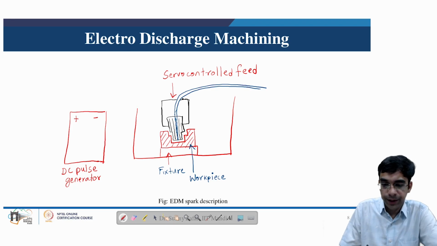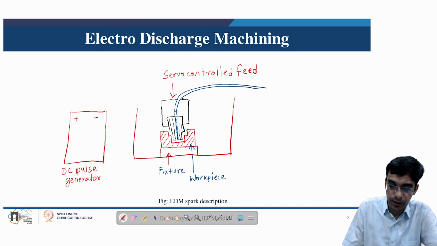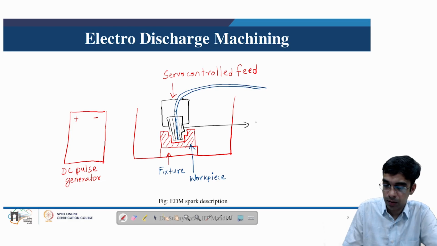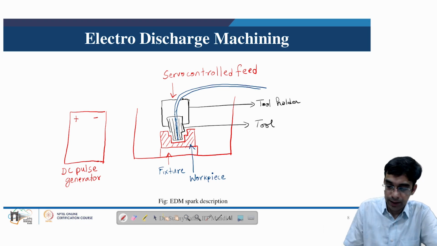Servo controlled feed which is there, which is controlling the Z axis movement of this tool and tool holder. So this is the tool. Above is the tool holder. And then this dielectric is completely filling in this tank.